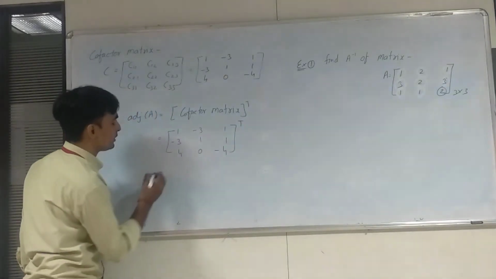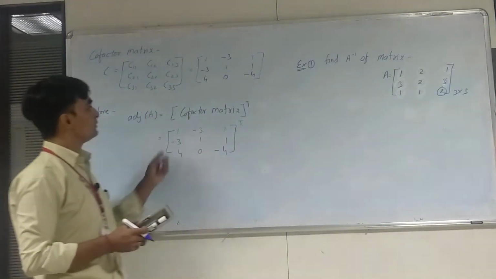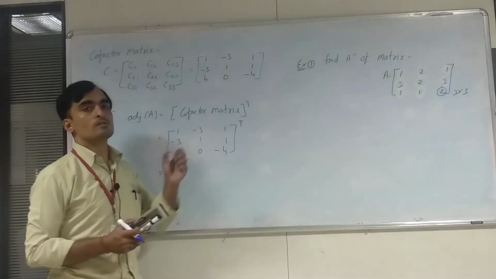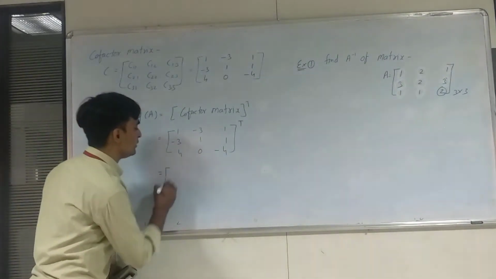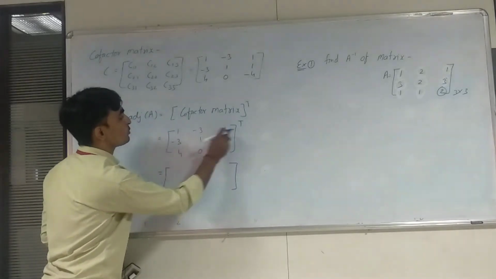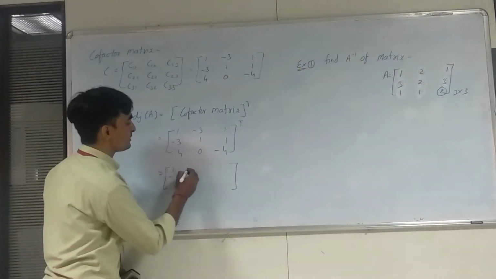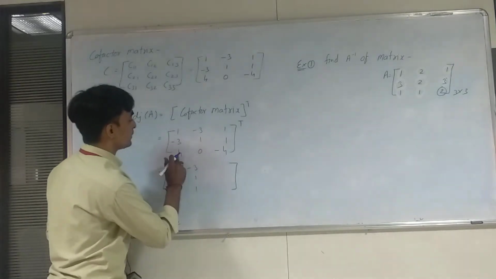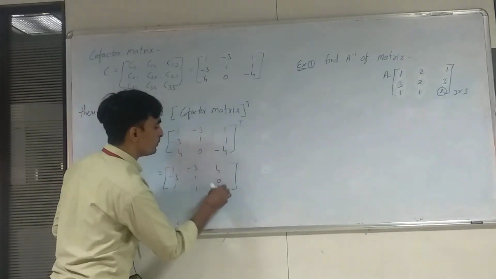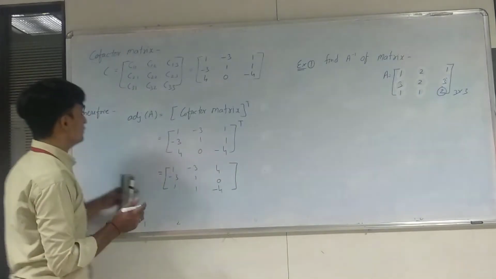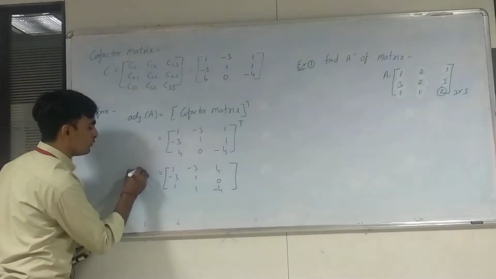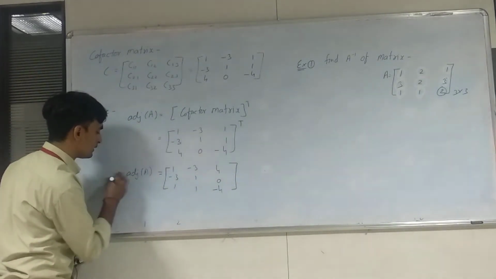So what does transpose mean? In transpose rows and columns are interchanged. So what we have done, simply first row we will write in first column, 1 minus 3 1, second row in second column, third row in third column. That's it. So this is our adjoint of A.